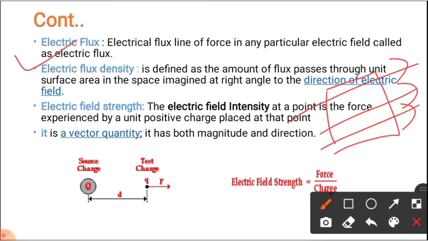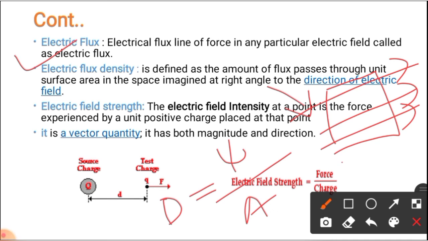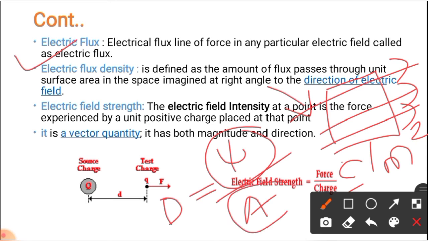So electric flux density is defined as D is equal to psi by A, where psi is the total number of electric flux passing and A is the area in which electric flux is passing. So the unit of electric flux density is Coulomb per meter square, where Coulomb is the unit of electric flux and unit of area is meter square.